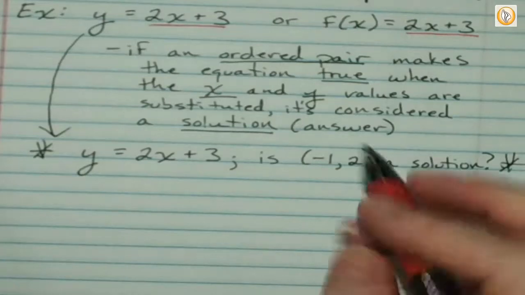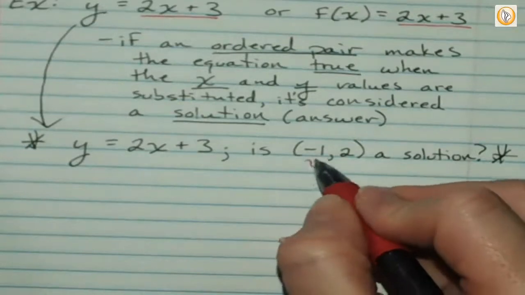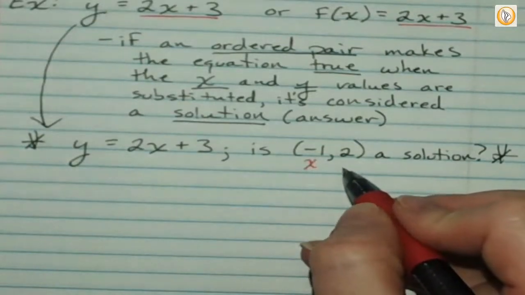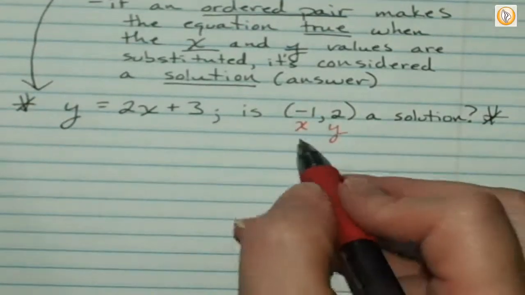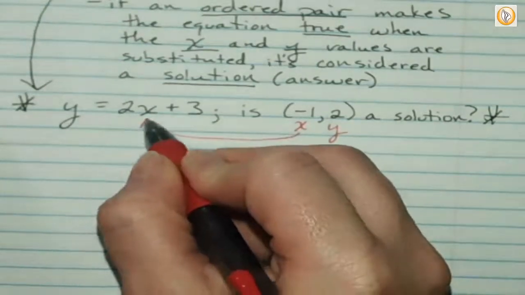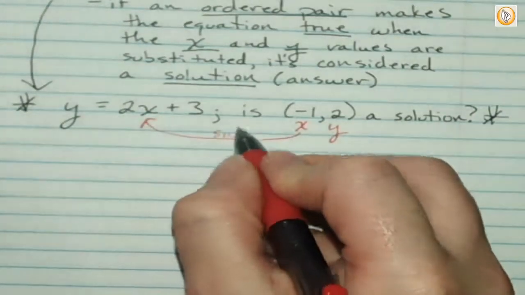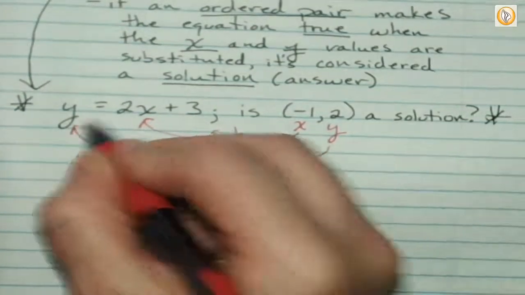So, what is my -1? Your x. That's right. So what is my 2? All right. And what we're going to do is we're going to substitute. We're going to substitute that -1 into that x. And we're going to substitute that y into that y.